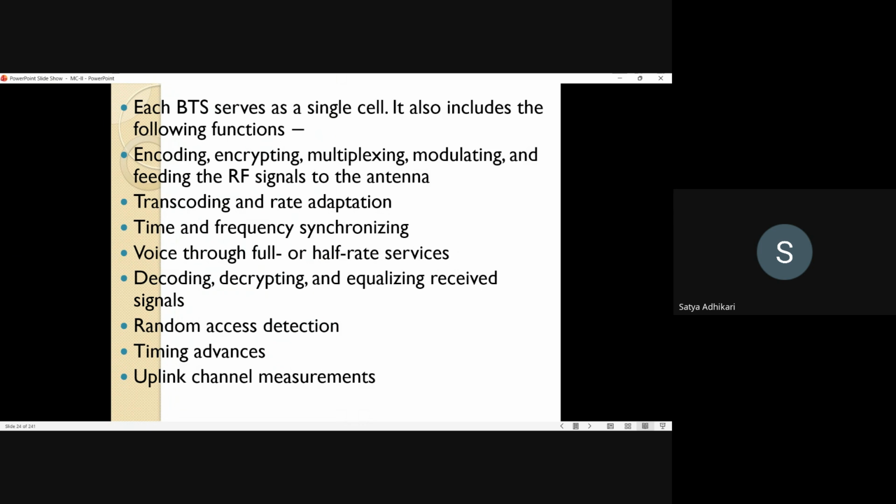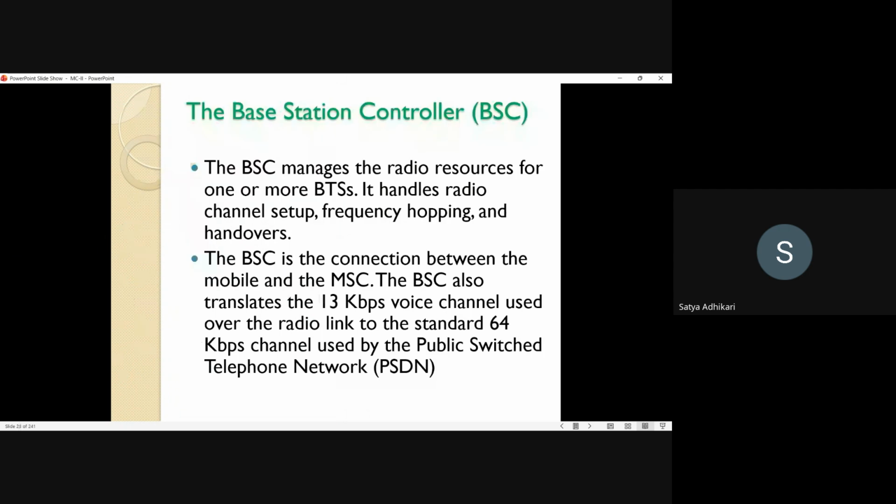Which is encoded must be decoded at the receiver side. So if the data is encoded or encrypted on the sender side, it must be decoded or decrypted on the receiver side. And equalizing received signal, random access detection, timing advance, uplink channel measurement. So these are the functions of BTS.